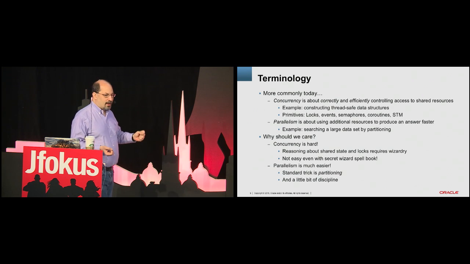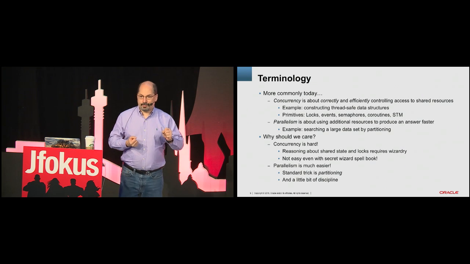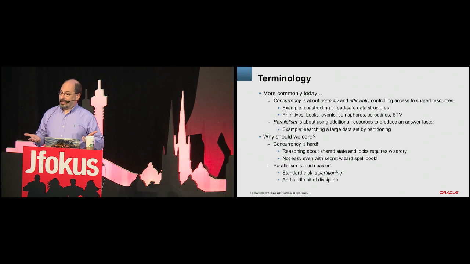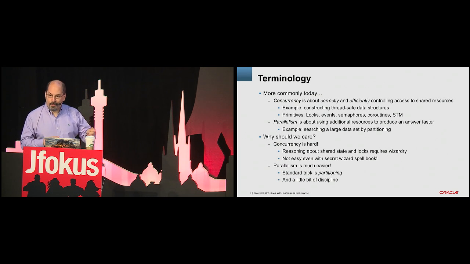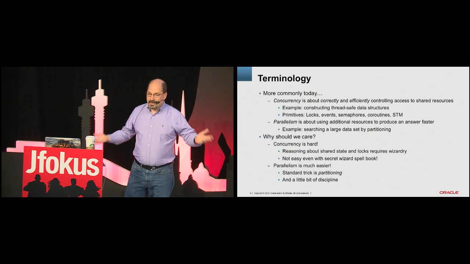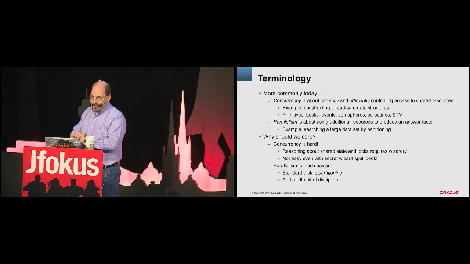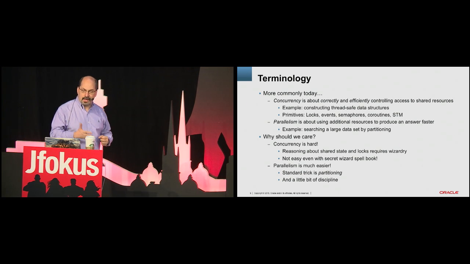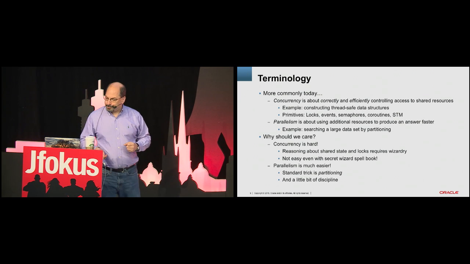You want the elements that come out to be the elements that went in. And ideally, you'd like it to work efficiently, so that multiple consumers can use the data structure at the same time without necessarily always waiting for each other. So the primitives that we use in concurrency are things like locks and events and semaphores and such.